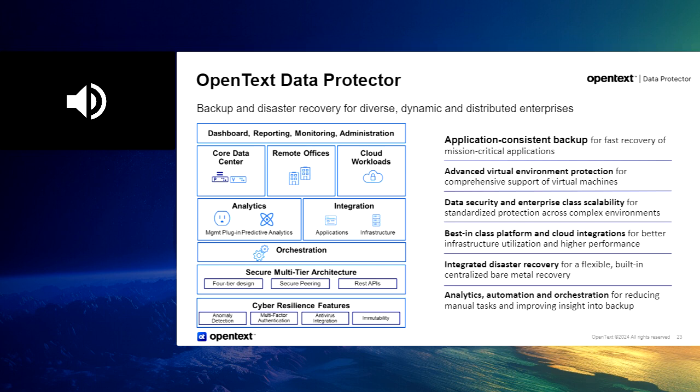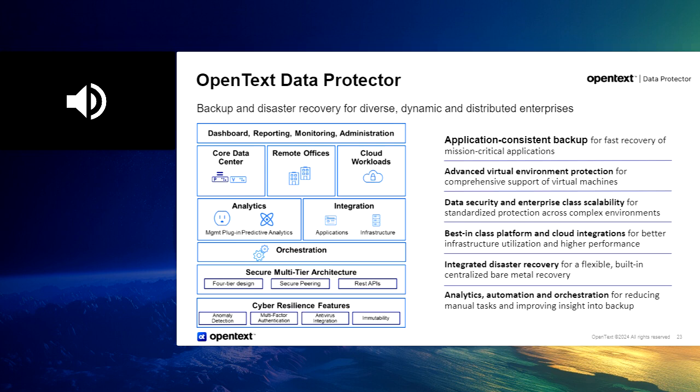Data security and enterprise class scalability. So we'll see on the next slide how scalable DP is, but also it's a very secure product. We are one of the few, if not the only product to have the Common Criteria certification. We have made sure over the years that every single release of Data Protector includes new security features.